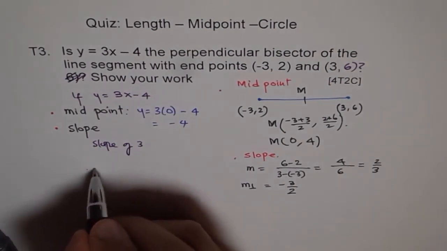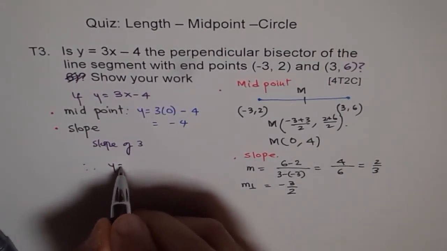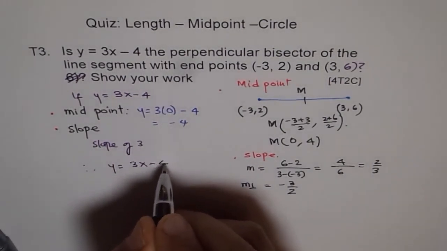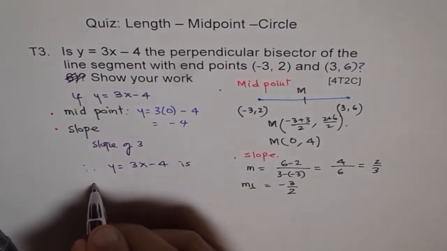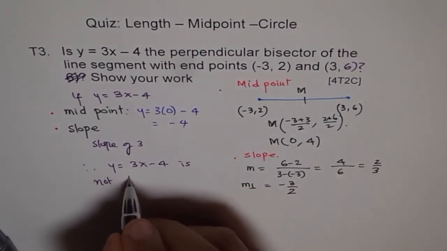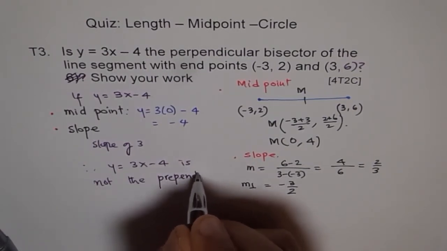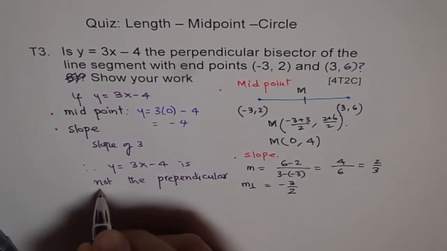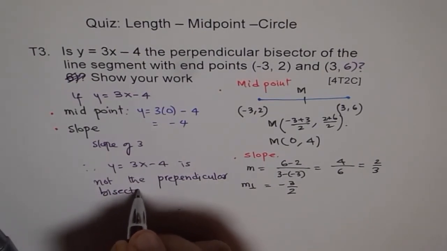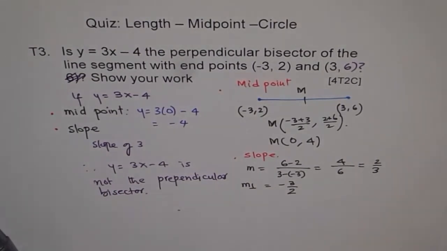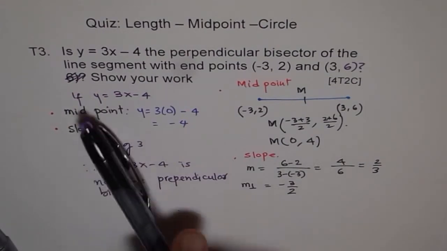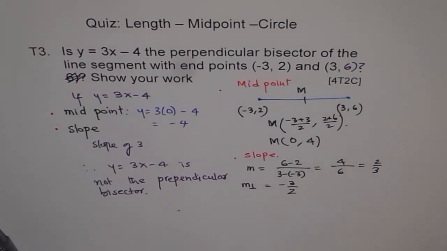Therefore, y equals 3x minus 4 is not the perpendicular bisector. That is what our answer is going to be, because it doesn't satisfy both of these conditions. It should satisfy both conditions to get the right answer, okay? That's what it is. Thank you.